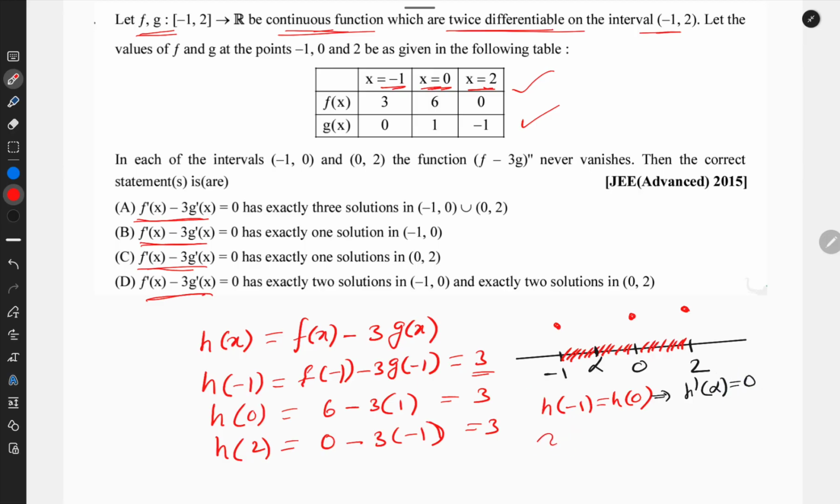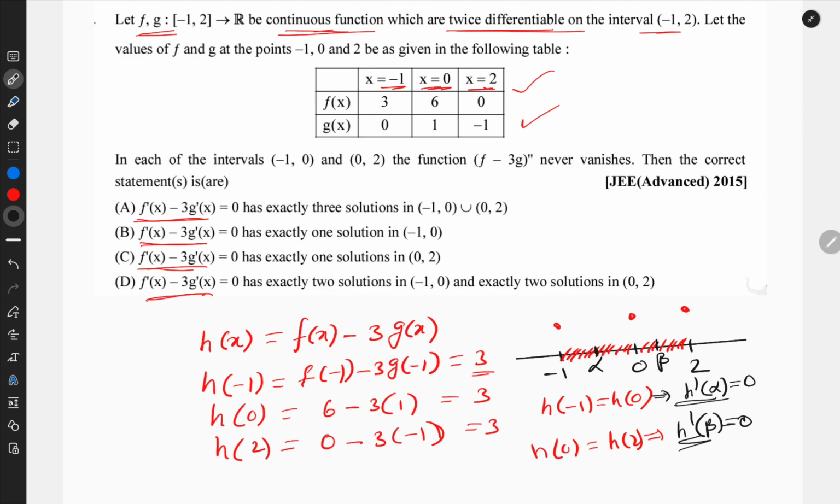Similarly, since h of 0 is equal to h of 2, there exists another element, let's say that it is beta, that h dash of beta will also be 0.